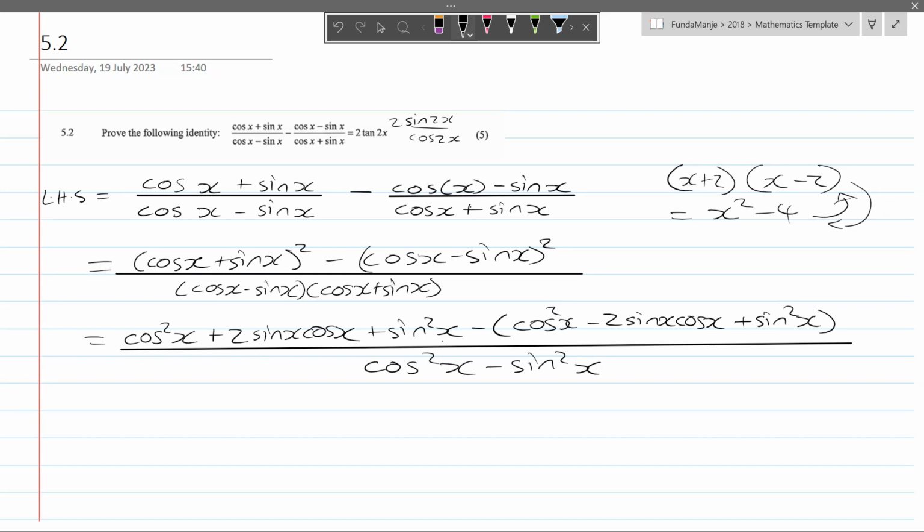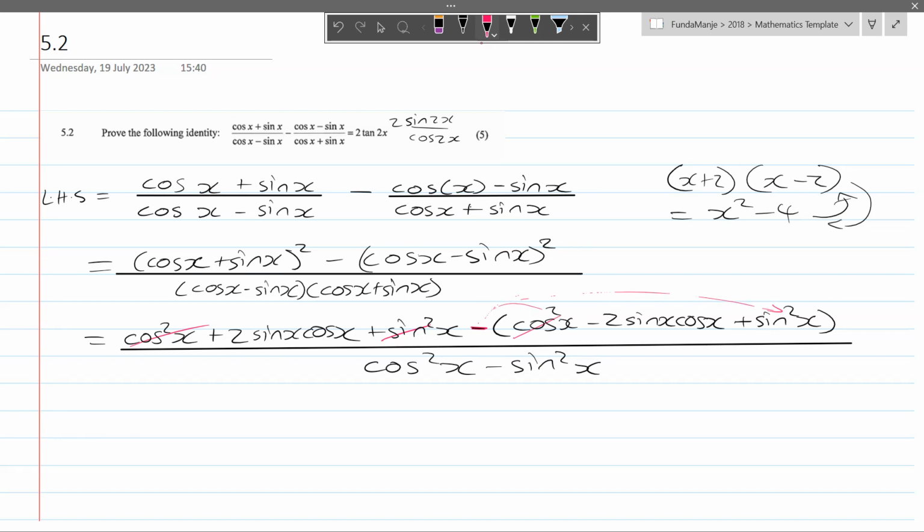Then over here, let's see what's gonna happen so we avoid writing too many terms. We have a positive cos squared x and a positive cos squared x here, but there's a minus right there. So this is gonna cause those two to cancel. Then there is a positive sine squared x, and a negative because of this.